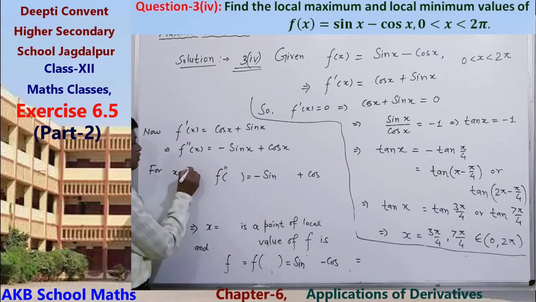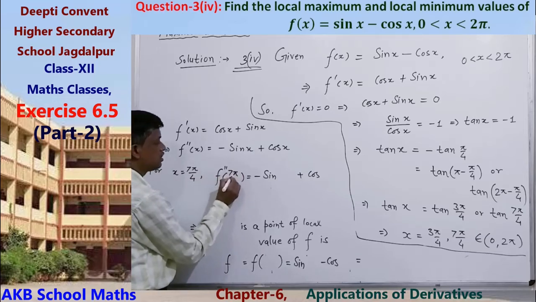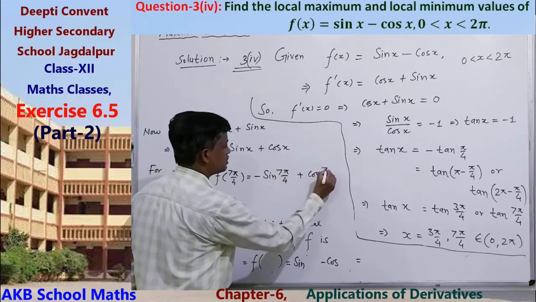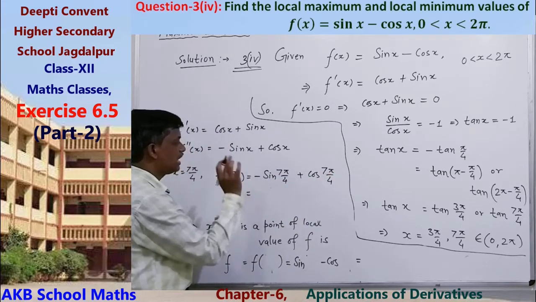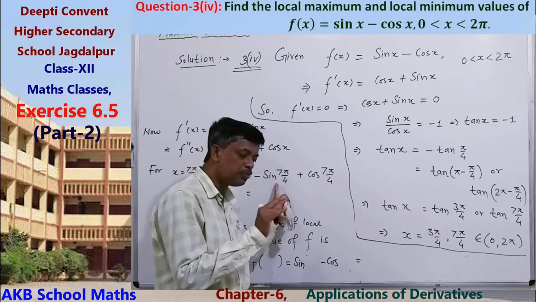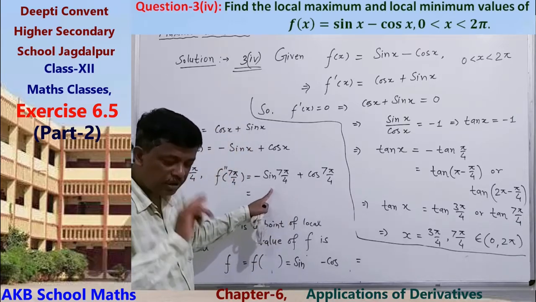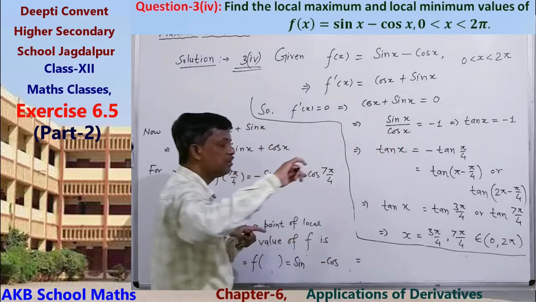Test for x equals 7 pi by 4. Test the sign for 7 pi by 4. Now, minus sine 7 pi by 4 means you can write minus sine of 2 pi minus pi by 4.